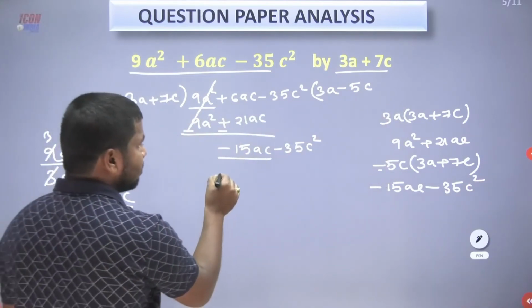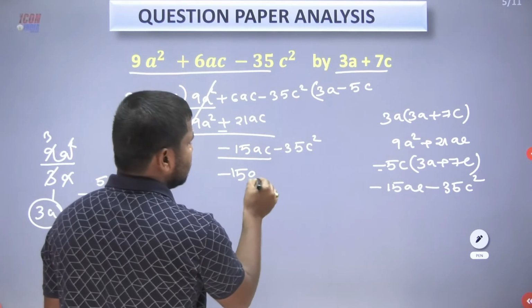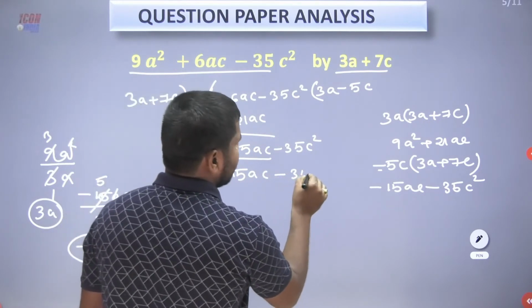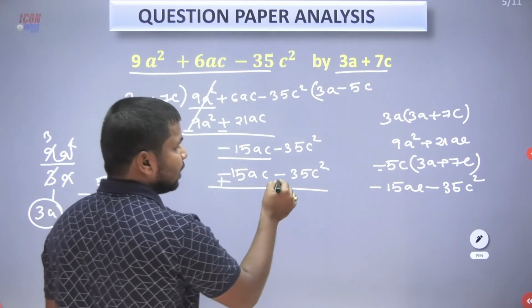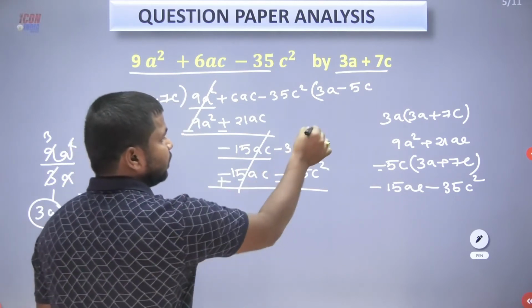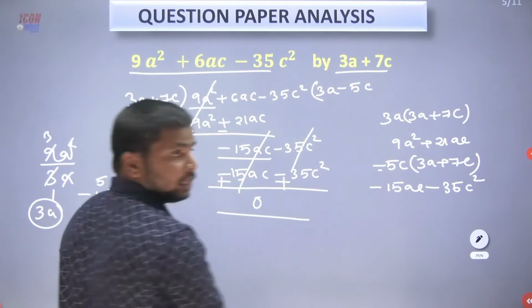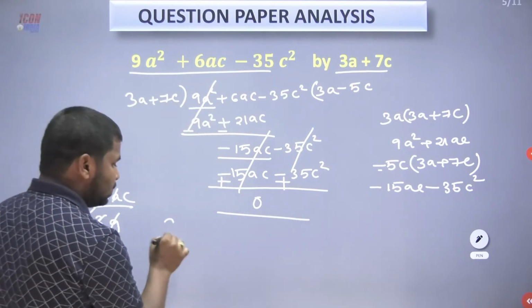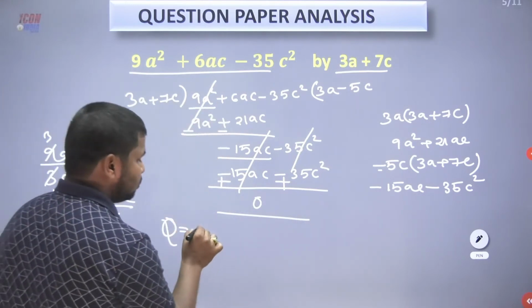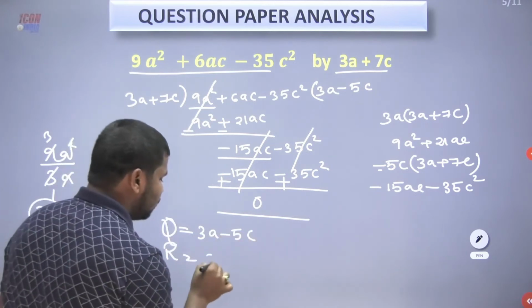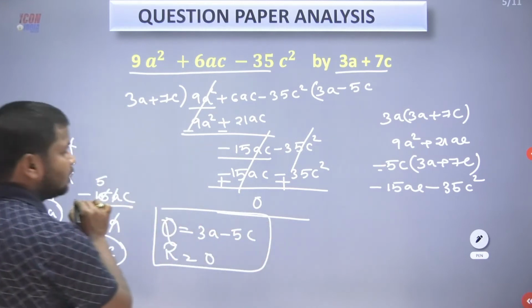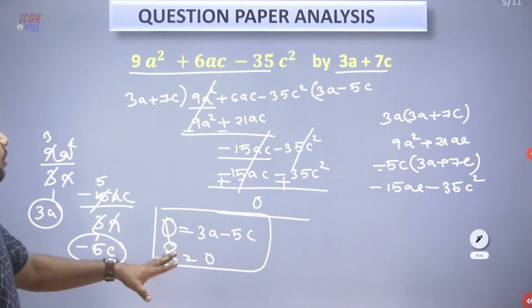So here we got minus 15ac minus 35c square. By subtracting, signs will change again, and the two will get cancelled and the remainder is 0. So the quotient we got is 3a minus 5c and the remainder is 0. So this is about the third question. Clear?